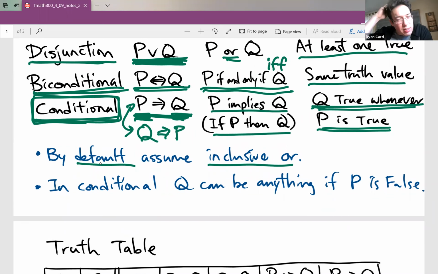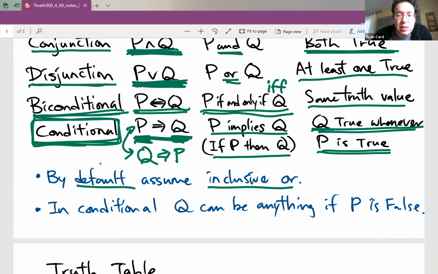Another thing that people might get tripped up on with the conditional is that usually in English, when you say if P then Q, if you're phrasing a sentence that way, there's a little bit of an implication that the one thing causes another thing to happen. So in logic, you do not assume any causal relationship at all.